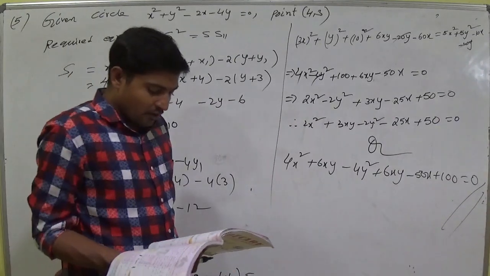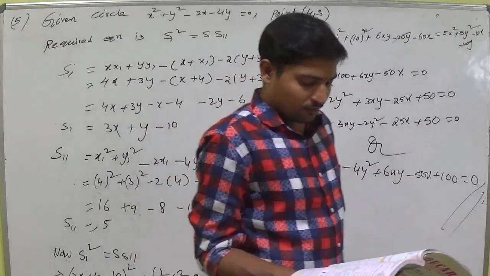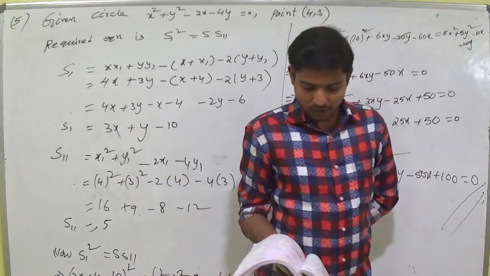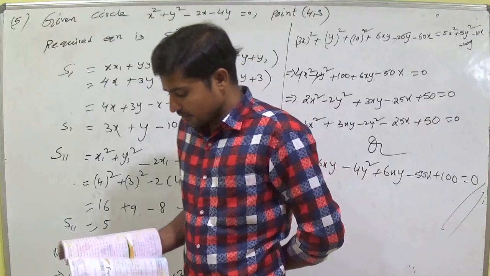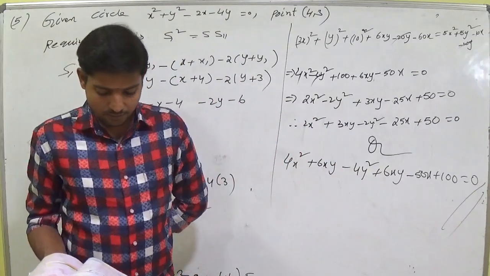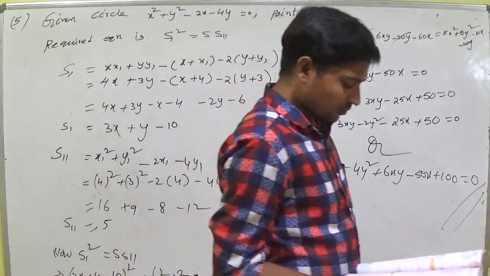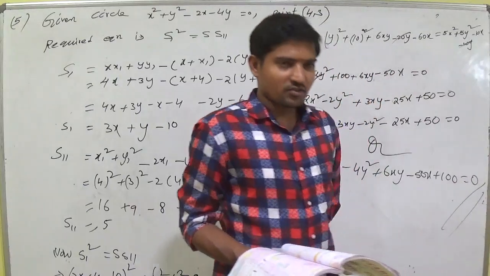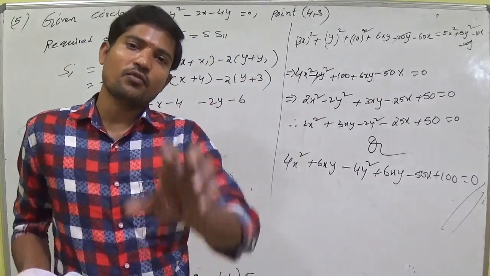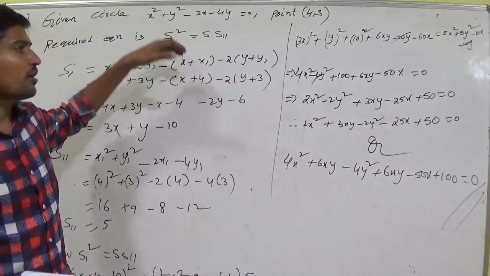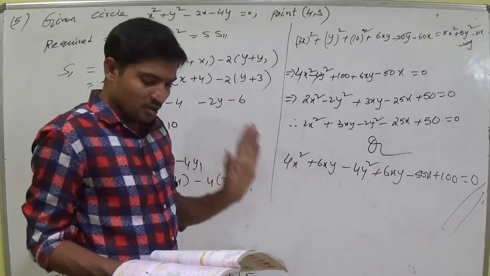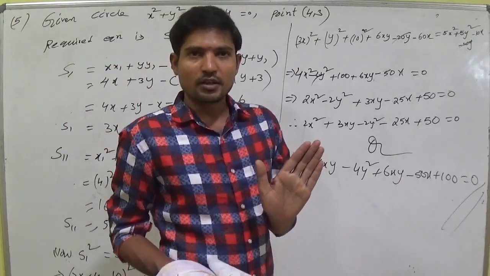Next, the equation to the pair of tangents from a point to the circle x square plus y square equal to 25. S1 square is equal to S into S11, same formula, use the same formula and do this one also. The sixth one is homework. Clear?